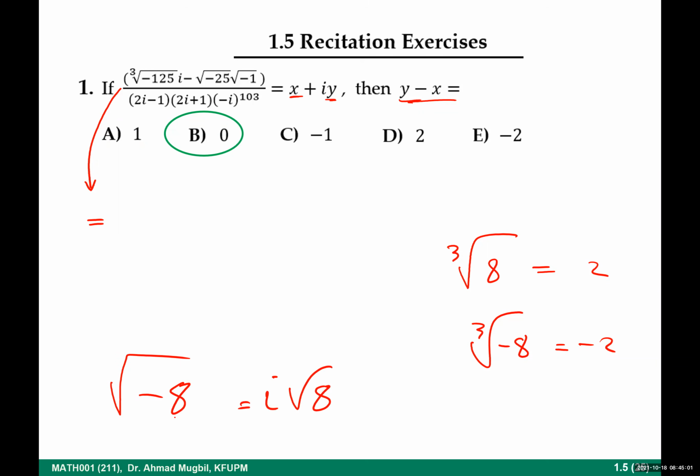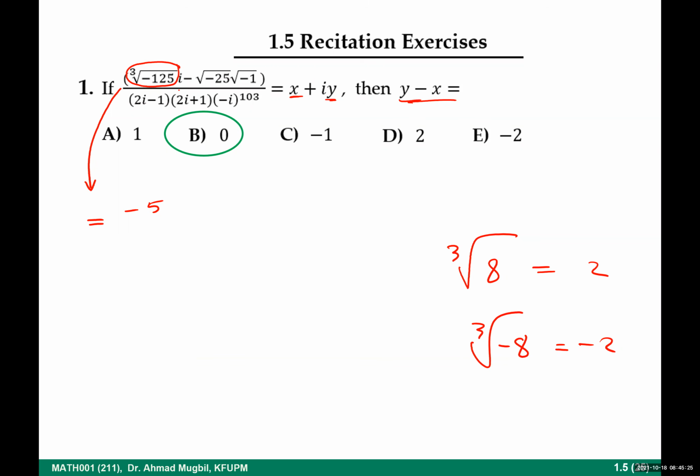Okay. Now, when we have square roots, be careful. So this is what, ya Shabab, the cubic root of -125. It is just -5. What is the cubic root of 125? It is 5. And this is, of course, when it is negative, it is negative. So don't worry when you have odd radicals.